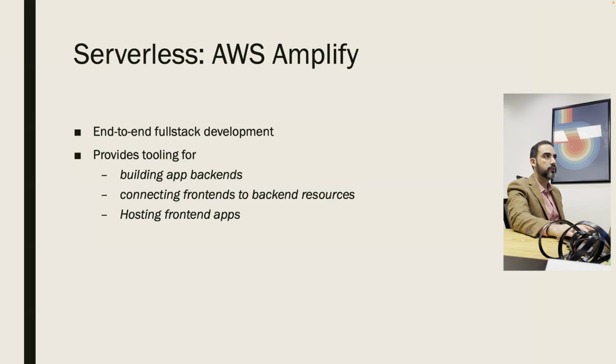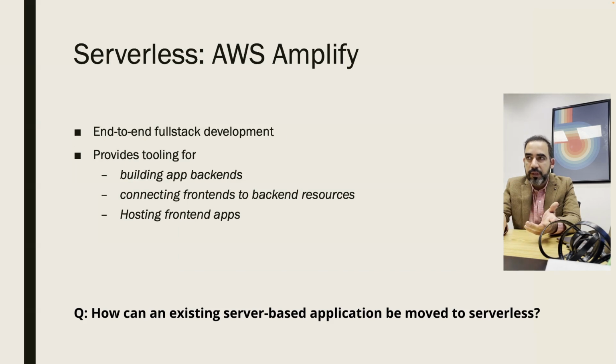Any questions so far? So let's suppose you have a traditional Django-based application, and you want to move to the serverless model. The best path for you is to containerize it and use AWS Fargate. Fargate is serverless compute for containers. So it's going to be serverless, and it's going to be your existing application.